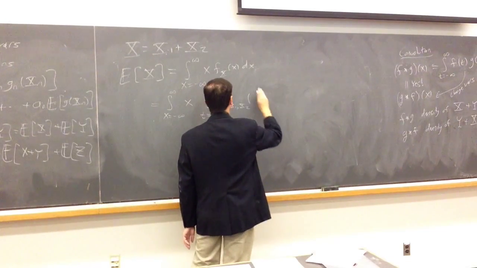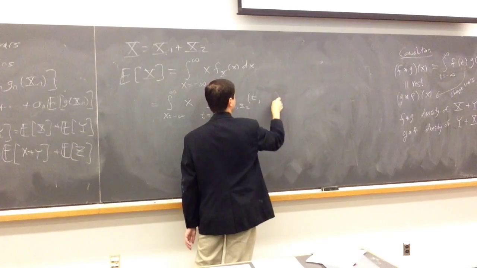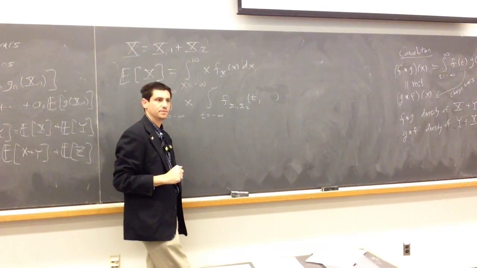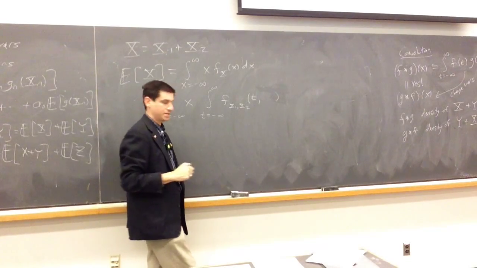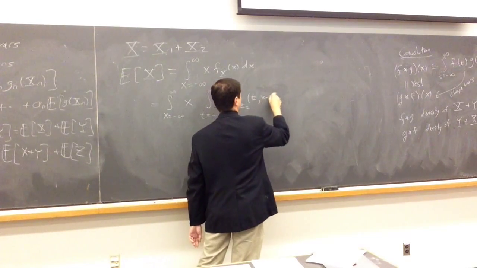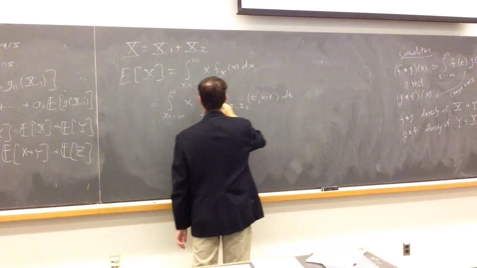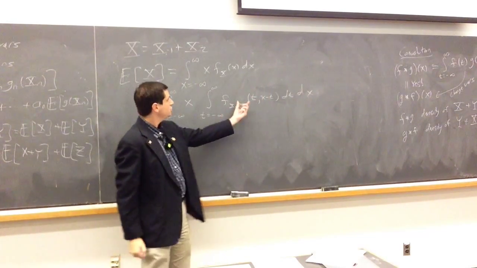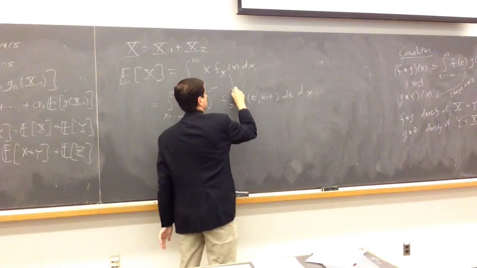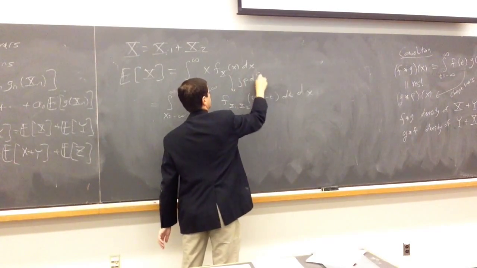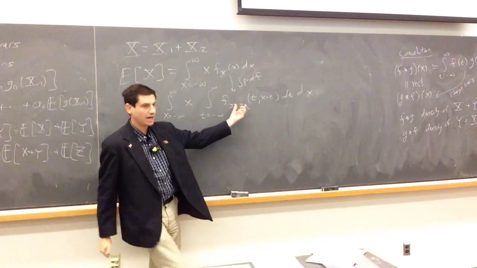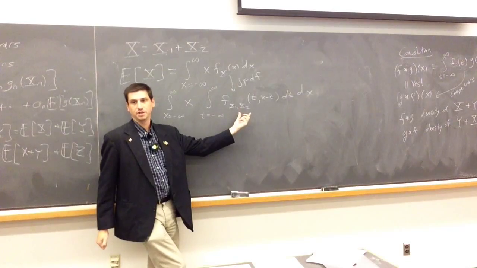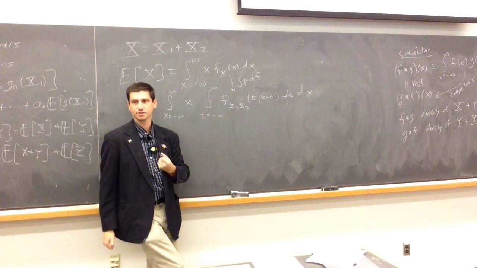If the first variable is t, what does the second variable have to be? x minus t. And I integrate over all t, and I have an integral of x. So I'm just using the joint probability density function. Now you can see why things might be nice if this split, and you can change variables and do a bunch of things.